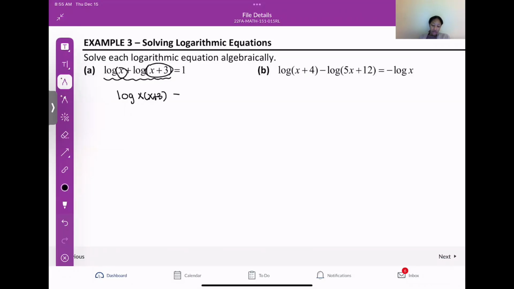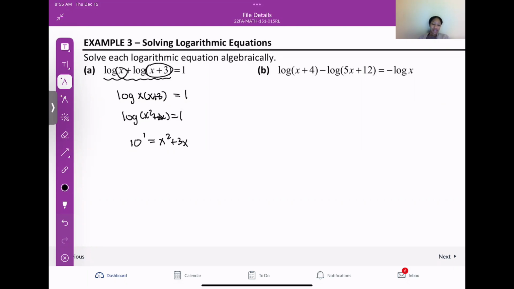And then that's equal to 1 on the other side. x times x plus 3 makes this log of x squared plus 3x equals 1. And then from here, we said if we have our logarithm equal to a number, we convert this to exponential form. Log is base 10, so 10 to the first power equals x squared plus 3x.